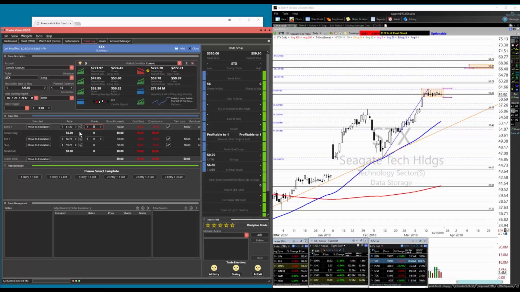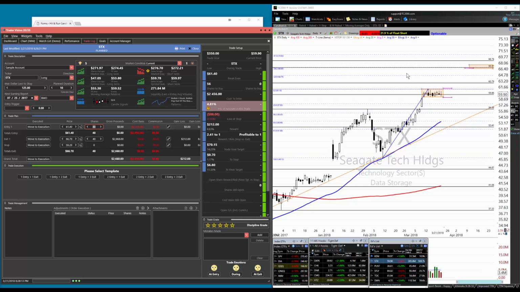50 shares is going to be too much for this account, but let's try 40. If I could live with 40 shares, I would be risking $88 to make $212. So I'm getting 2.4 to 1, only getting $212 on this trade with that target. So I either have to say, is this a reasonable target?